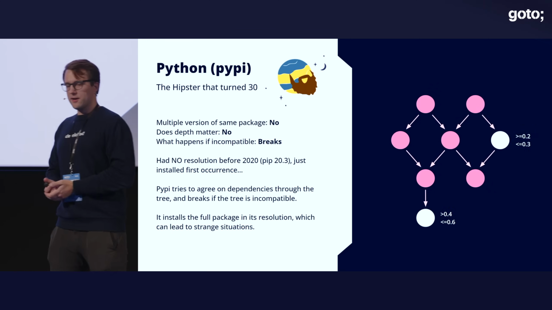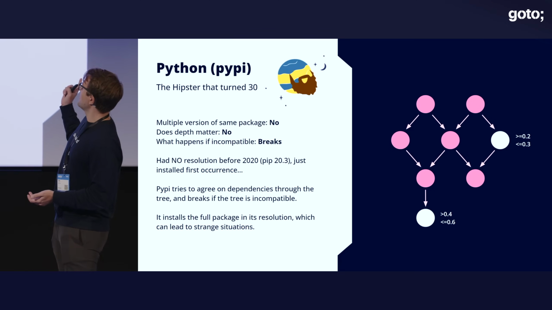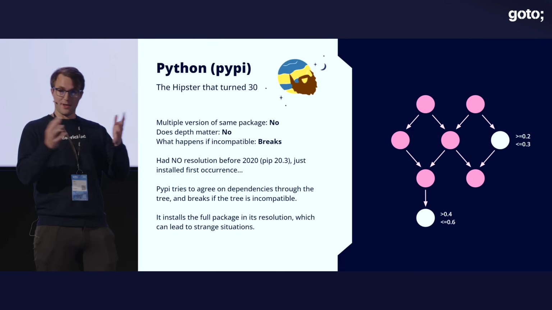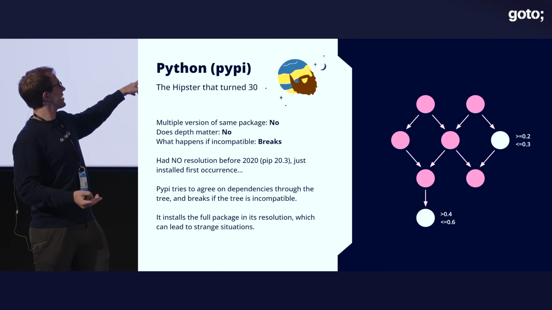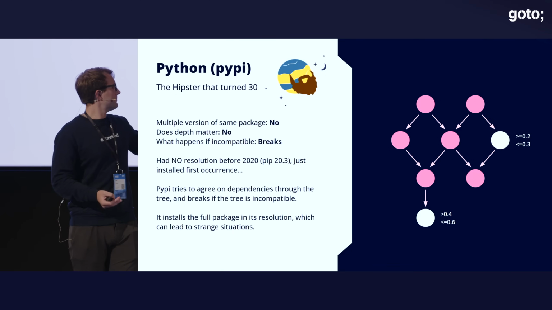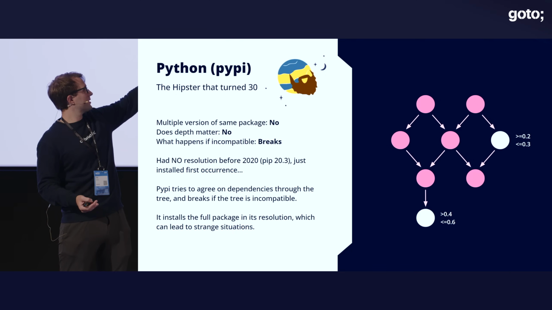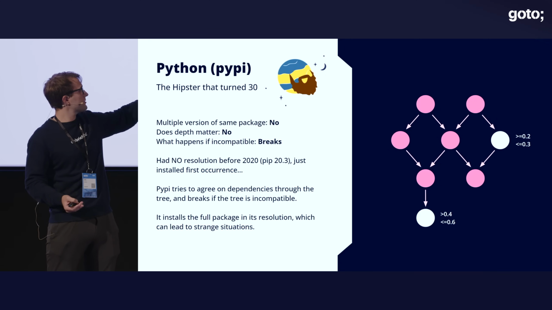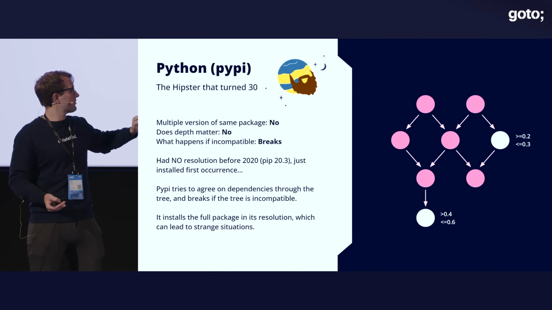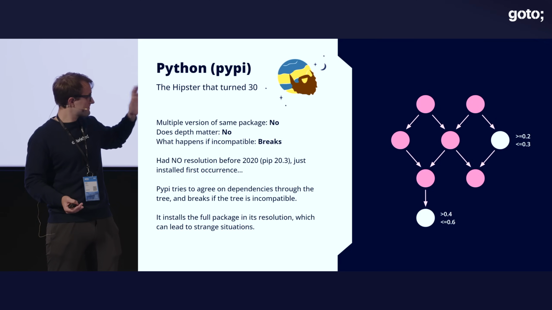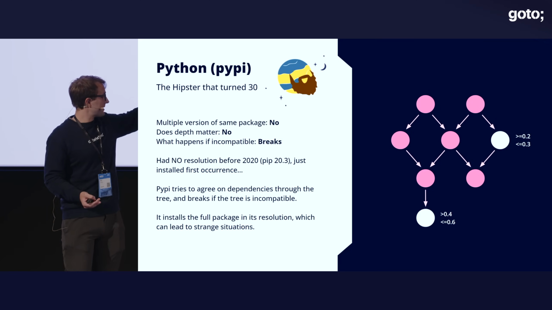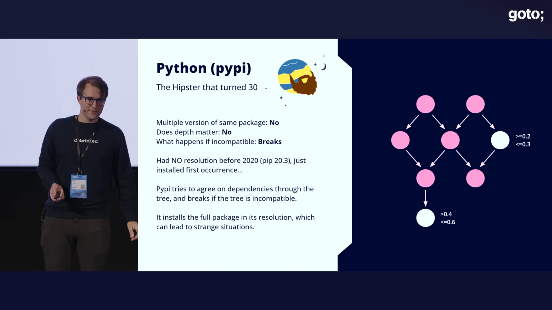So let's have an example here. We can pretend that the pink dots can be any package, but we're actually looking at the gray dots here. So here we have two version ranges, one that's equal to or greater than 2.0, or smaller than or equal to 0.3. And here we have another version range down here of the same dependency, but it's not overlapping.